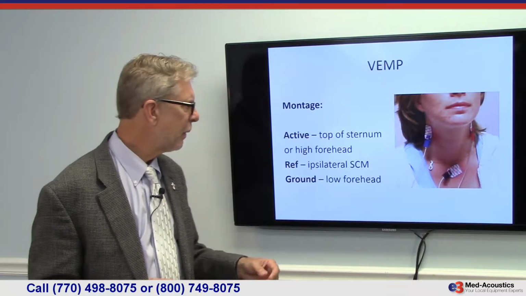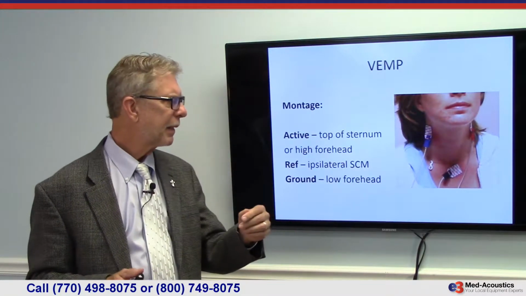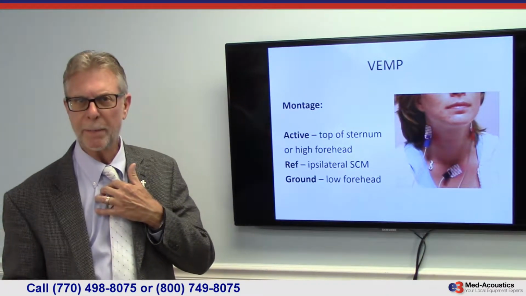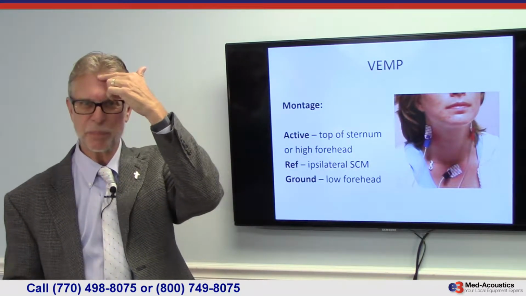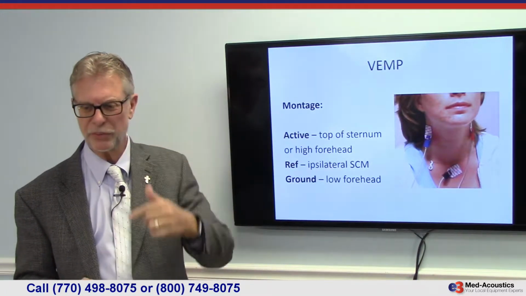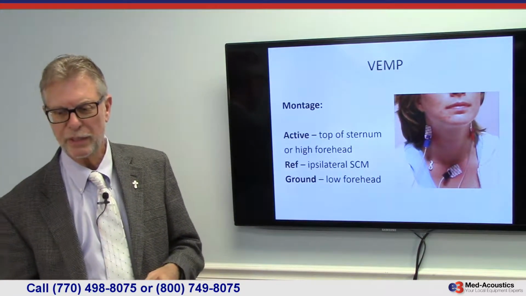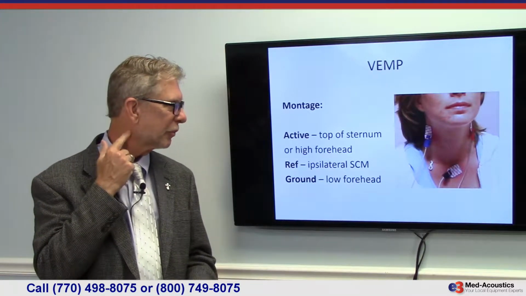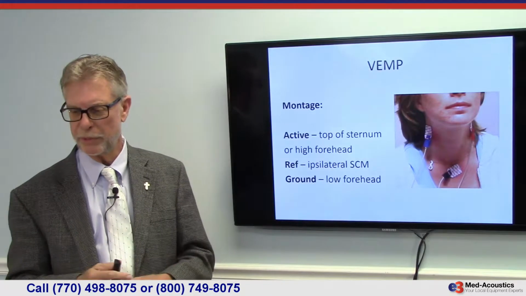So right now, we put the active electrode, instead of on the top of the sternum, which you could do, it'd be so much easier to put it on the high forehead. So we're putting it on the high forehead now, just for the sake of convenience. The reference electrode is the ipsilateral sternocleidomastoid muscle. And we'll show you exactly when we do this.